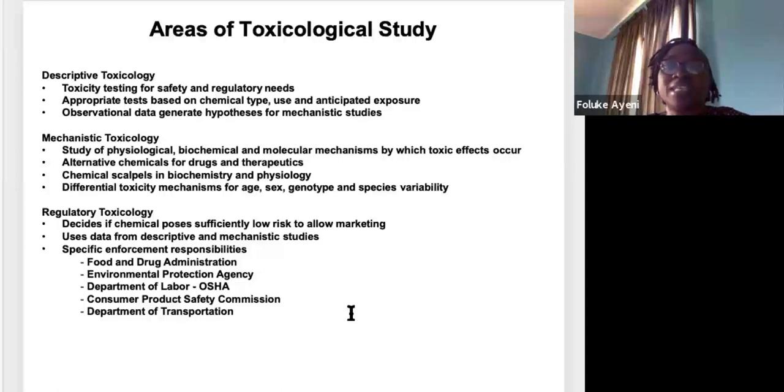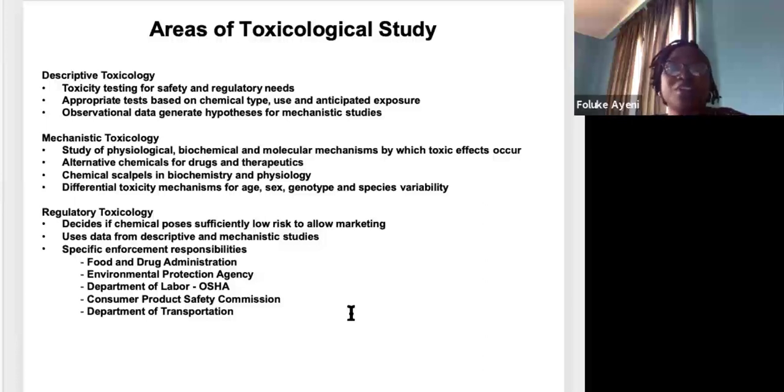Usually they are simulated in the lab, and then the effects are monitored. We have regulatory toxicology, and this goes on to work with our regulatory bodies. It decides if chemicals pose sufficiently low risk to allow for the use or the marketing of such medications.